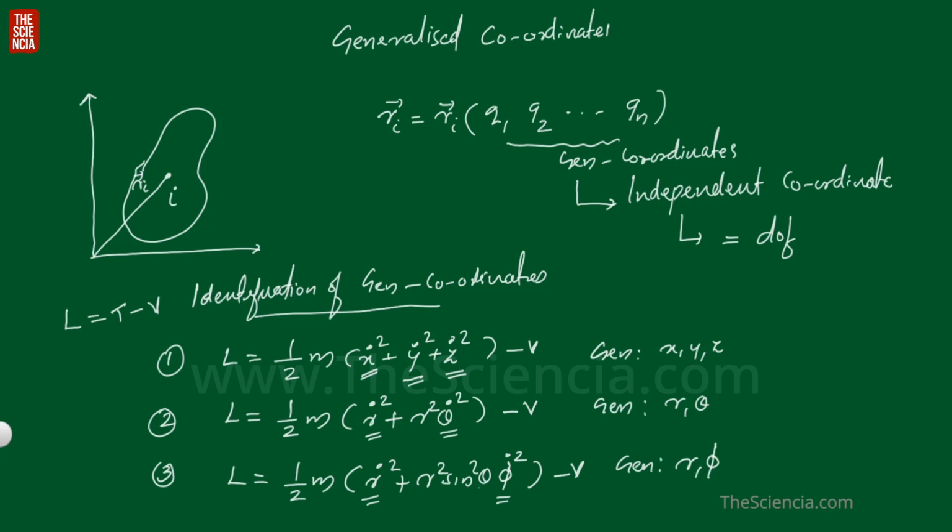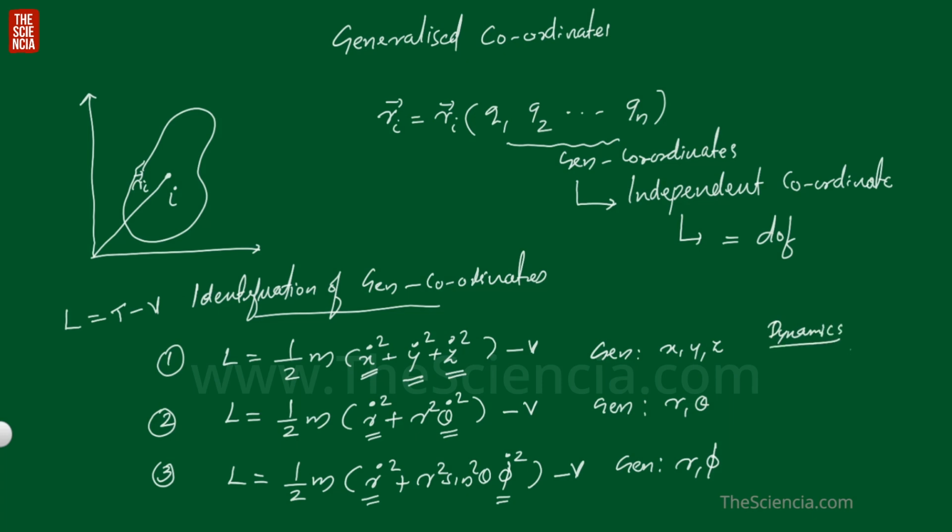Okay, maybe you've identified the property, that is generalized coordinates have dots, right? This one has a dot, this one has a dot, and all of these have dots. So here you may find out that generalized coordinates are those coordinates which have a dot. Why that? Because we are interested in the dynamics of a system.